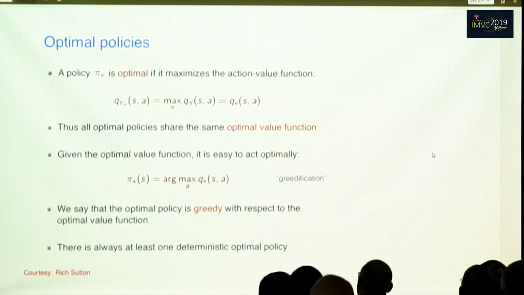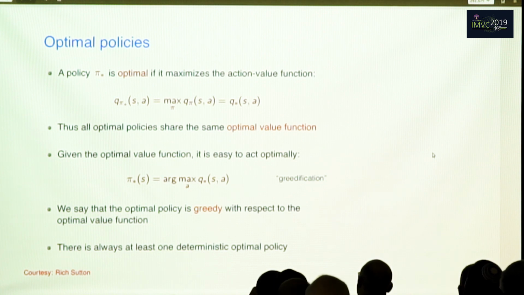A policy is considered optimal if it maximizes the action value function over all possible policies for every combination of state and action. Therefore, all optimal policies share the same optimal value function. Also, given the optimal value function, it's very easy to act optimally. How do we do that?